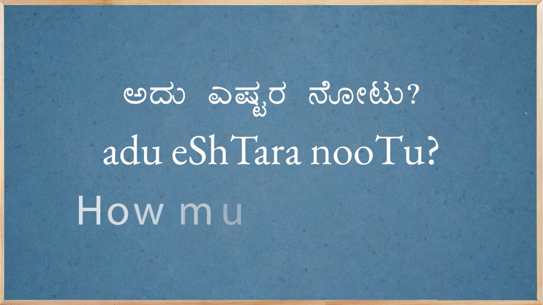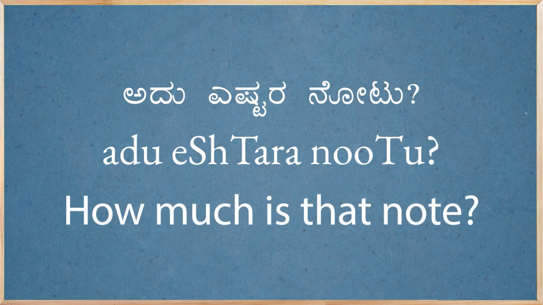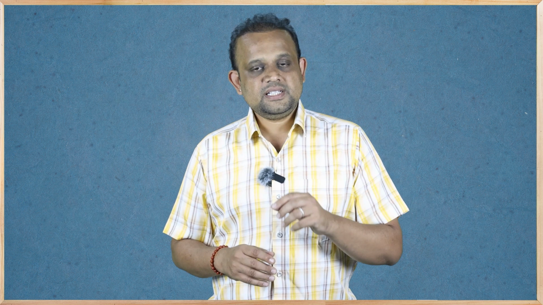This means how much is that note? Using this structure, you can ask questions about ranking, grades, positions or values effortlessly in Kannada. Practice these examples and soon you will be forming such questions naturally in your conversations.